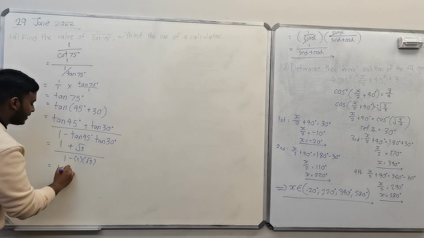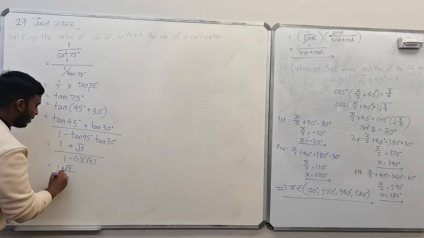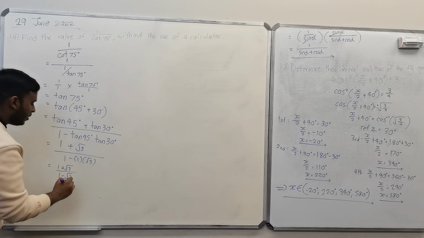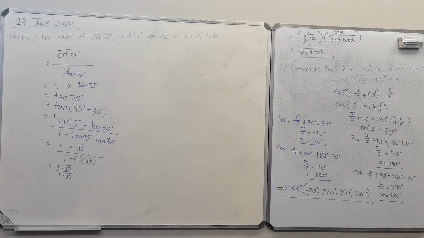It's 1 plus root 3 over 1 minus root 3. Do we need to simplify further? Yes, we do. How would you simplify further?